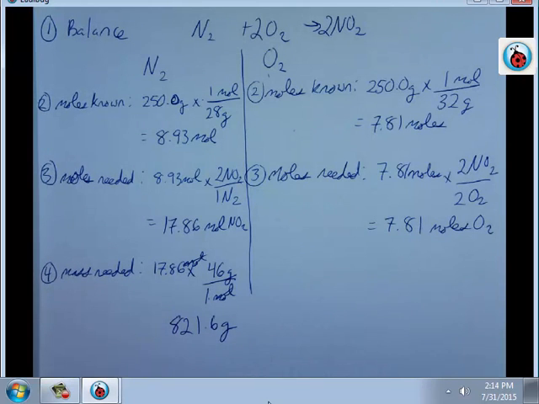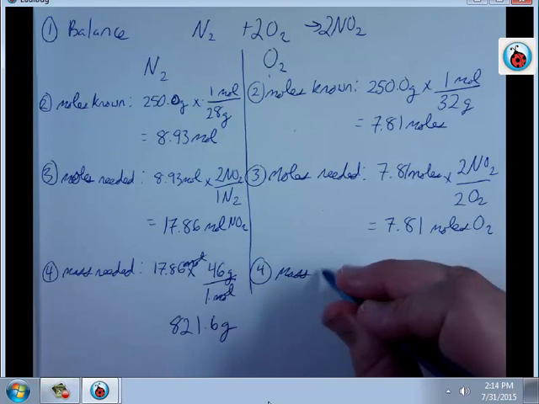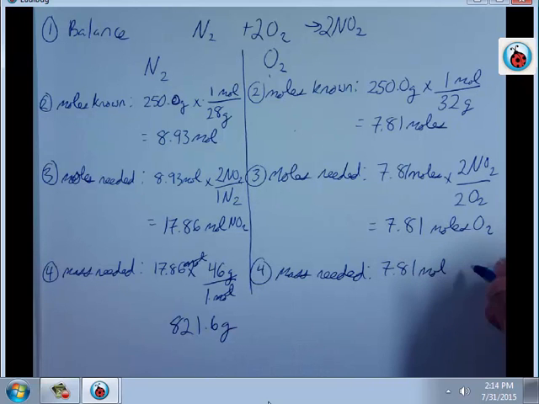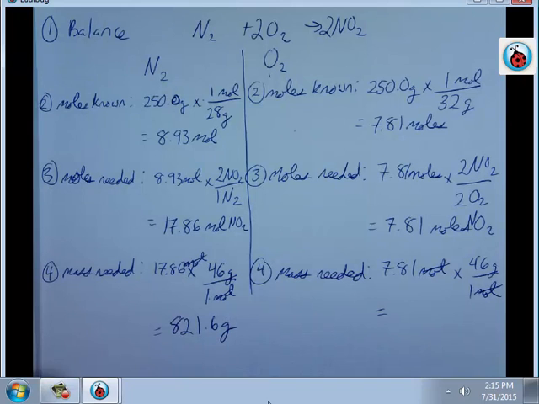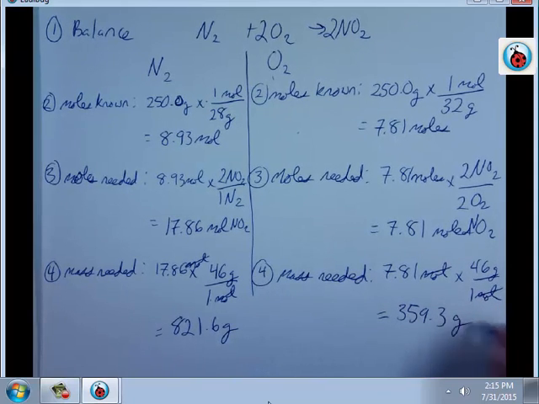And then on the other side, if I do the mass needed, it's 7.81 moles. Oops, this should be NO2 up here. Times 46 grams for every 1 mole. And I get 359.3 grams.